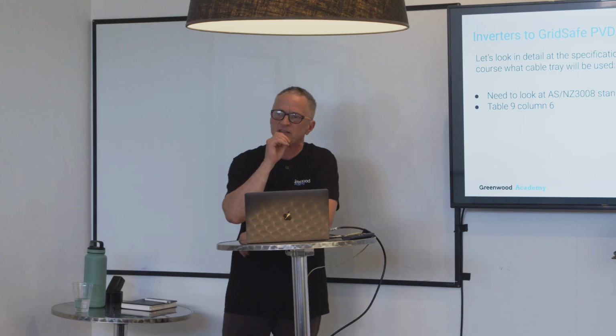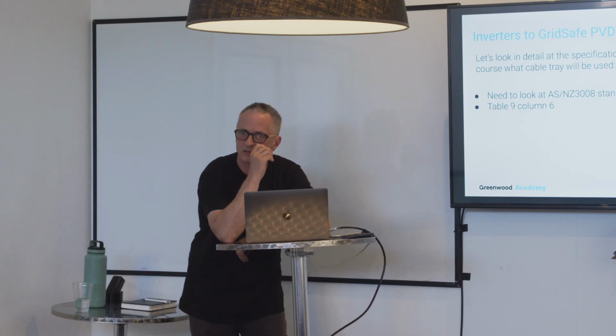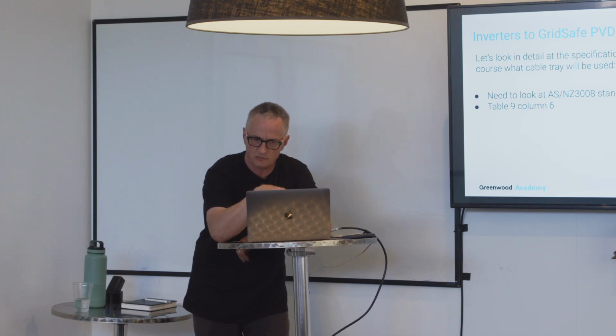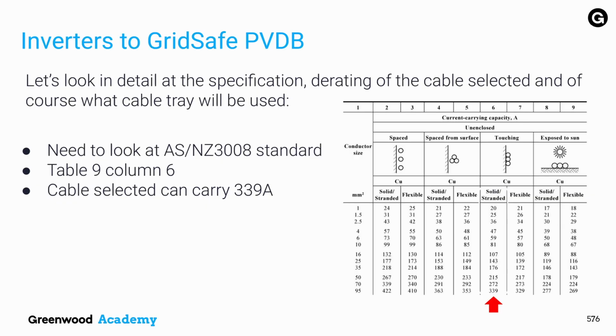This is where it gets a bit iffy in regards to how the cable is categorised. I've gone touching in that respect, and it can carry, and I'm looking at solid strand, and here you could go flexible, because you probably would, let's face it, but I'm erring a little bit less conservatively because I've got an extra 10 amps there, 330 amps.